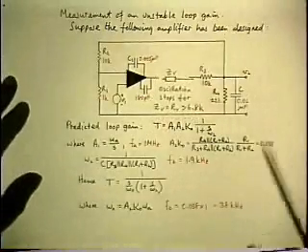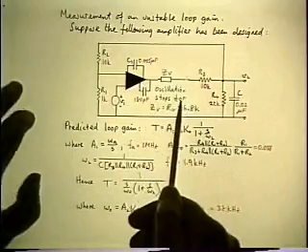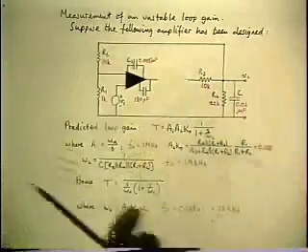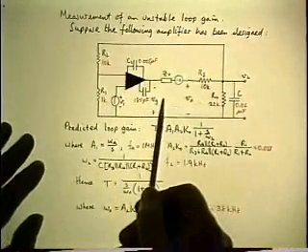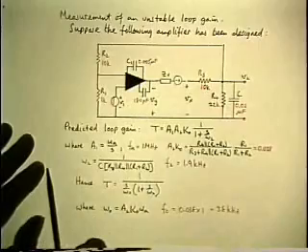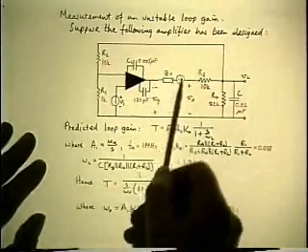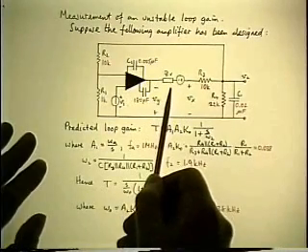So what has happened is that, true, the actual loop gain has changed and become stable. But what you measure is the original Vy over Vx, which has not changed. It's the impedance in the middle that makes the difference between the original unstable loop gain and the new stable one.